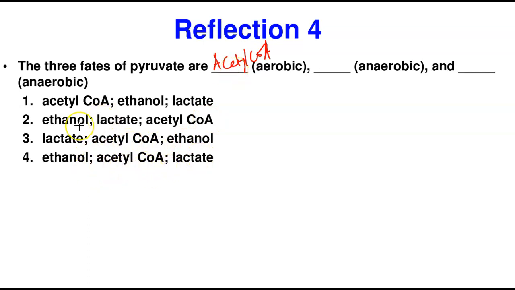So it has to be number 1. So aerobic is acetyl-CoA. Then ethanol is anaerobic, and then another anaerobic is also lactate. So number 1 is the correct answer.